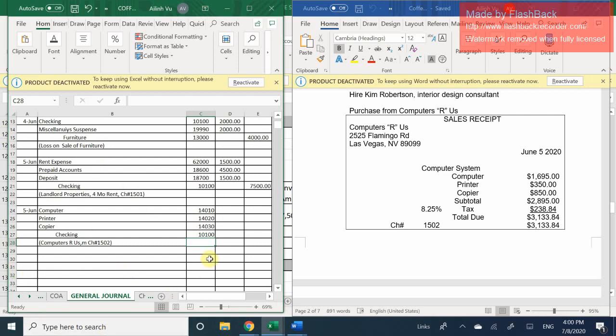Lee proposed an interesting question. What do we do with sales tax? Do we need a separate account for sales tax? Question to you. Are we paying sales tax or is someone paying us sales tax that we're going to have to later owe? We're paying sales tax on this side.